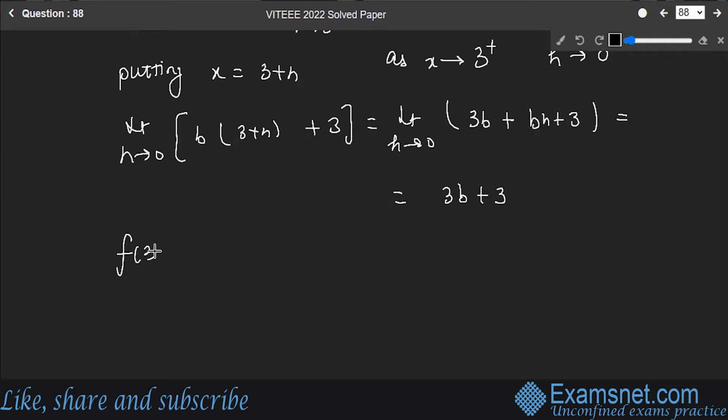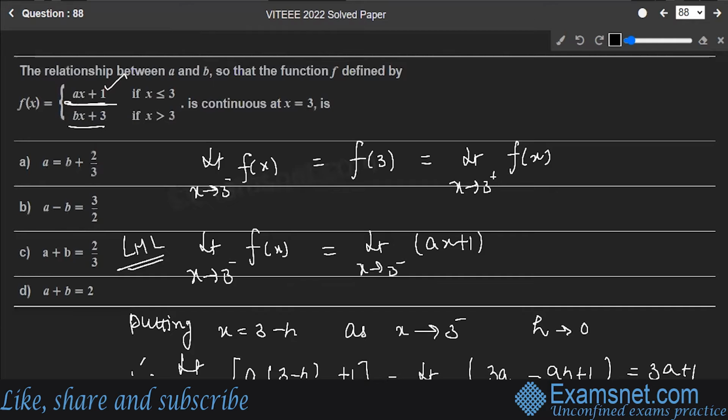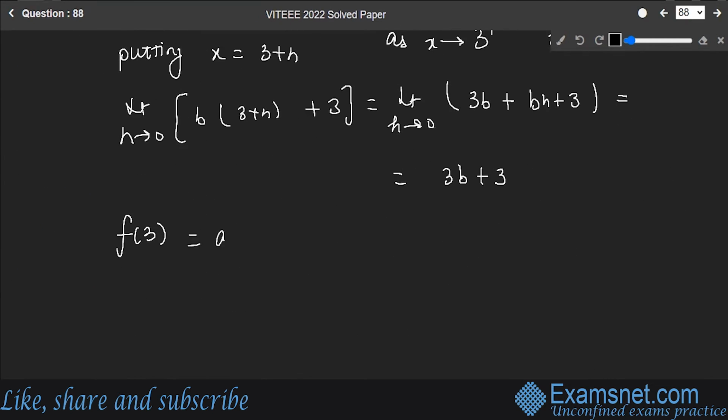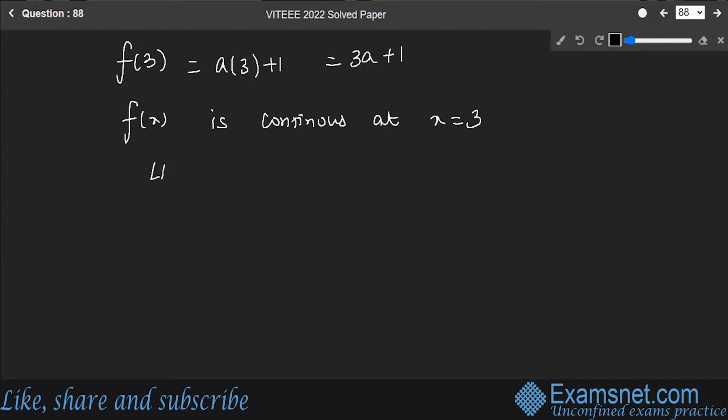Also f(3), I'll be considering ax + 1 again. So this will be a times 3 plus 1, which is equal to 3a + 1. Now you're given that the function is continuous at x = 3, which means the left hand limit is equal to the right hand limit is equal to f(3).